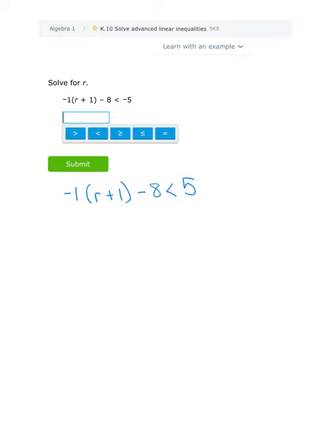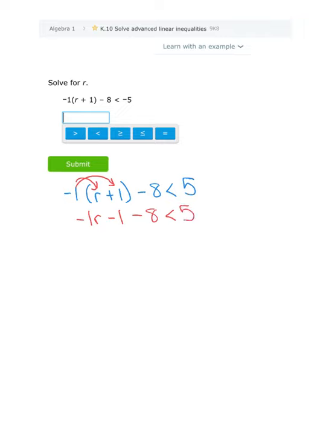I have parentheses, so I need to get rid of those first. To do that, we distribute, or multiply everything in the parentheses by what's in front of it. Negative 1 times r is negative 1r, or we could just put negative r. It means the same thing. Negative 1 times positive 1 is negative 1. And then I'm going to bring down my negative 8 is less than 5.